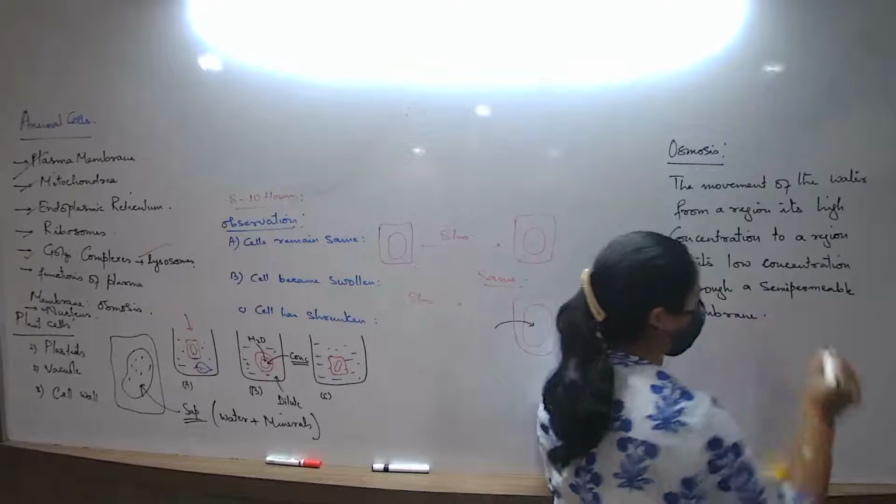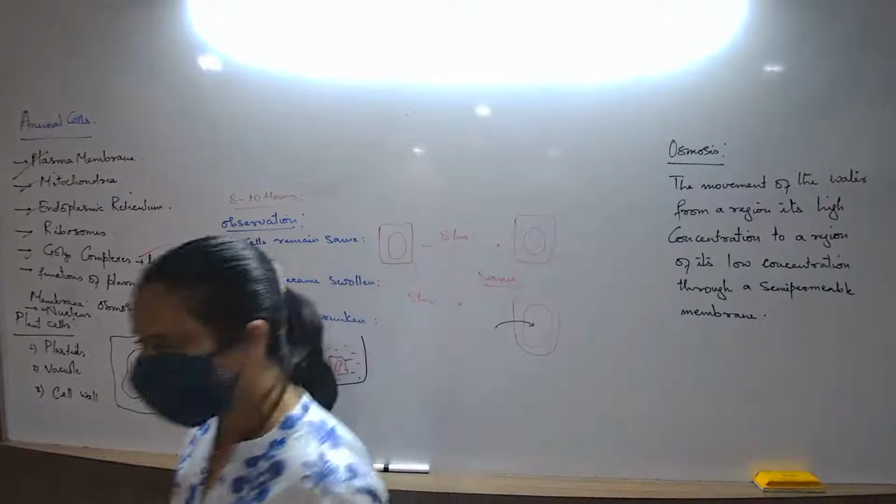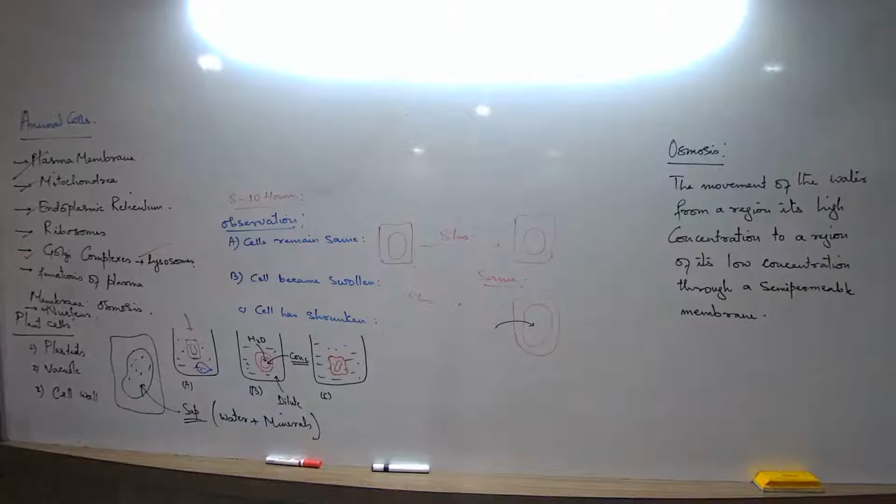Do you remember the meaning of the word semi-permeable now? Selectively permeable. What do we call semi-permeable? A membrane which will allow the movement of only some molecules, not all. That we will call semi-permeable.